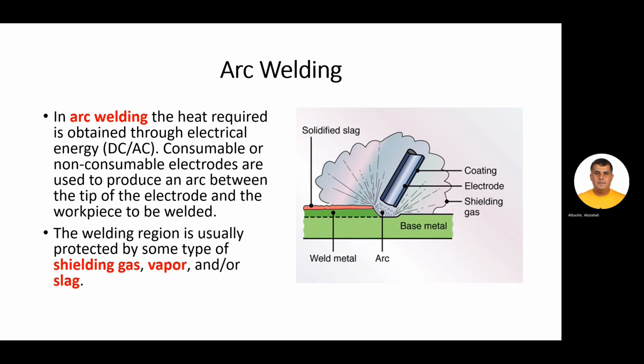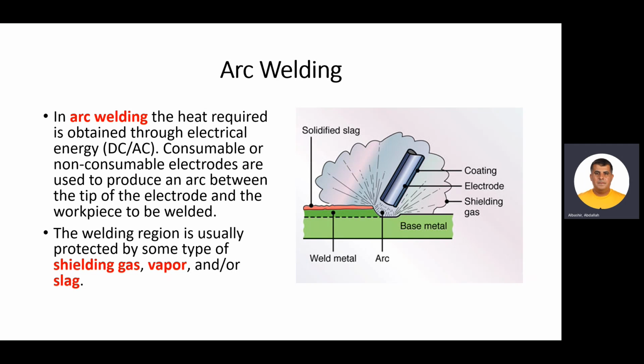Arc welding, as you can see in the picture, we use electrical energy, DC or AC. We use consumable, the filler, okay, that is coated by flux.